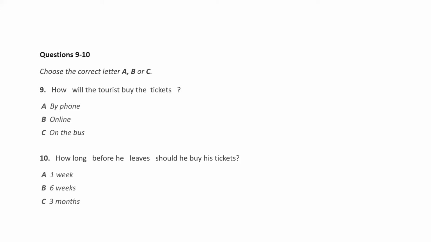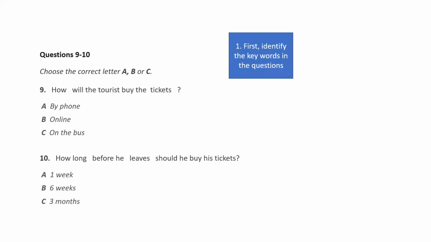We have a little bit of time before the audio begins. Let's examine the questions. First, number 1, identify the keywords in the questions. So in this case, our keywords are how and tickets. We need to know the technique or the method the tourist uses to buy the tickets.